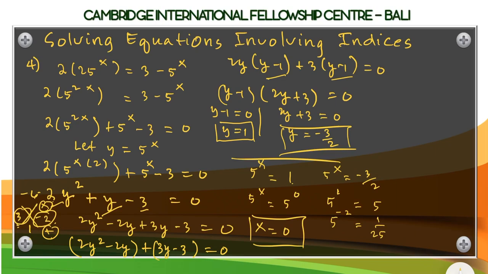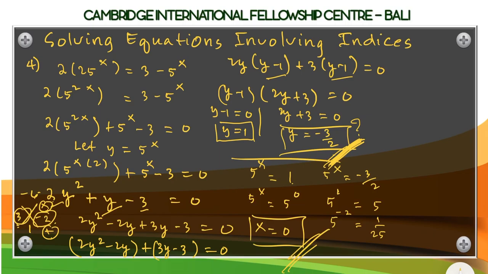So for whatever value of x, it will not give you a negative number, negative 3 over 2. So we cannot use this value of y. We only have one answer, and that is x is equal to 0.